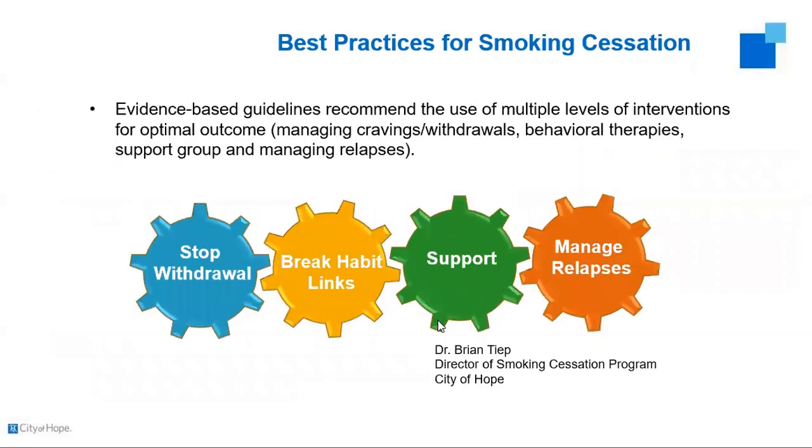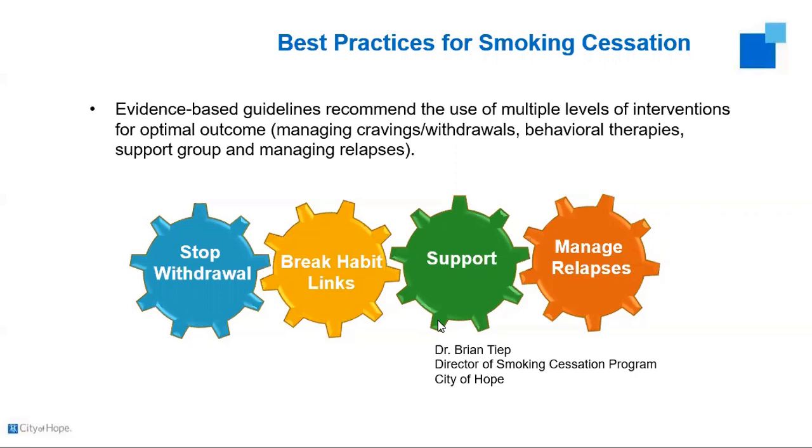At City of Hope, we use these evidence-based guideline recommendations to help patients quit smoking. The first one is stopping the withdrawal by the use of medications. Two is helping them break the habit links associated with their smoking, such as educating them about delay and distracting techniques. Third is having support from their family, of course, and also through a support group.